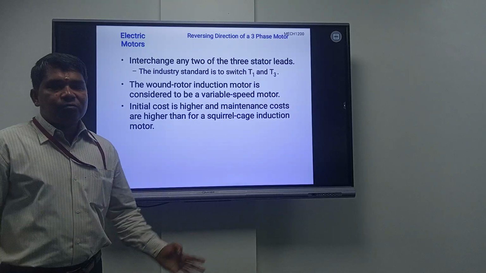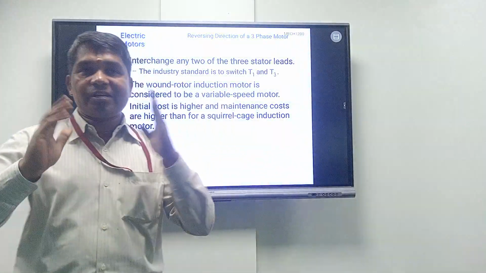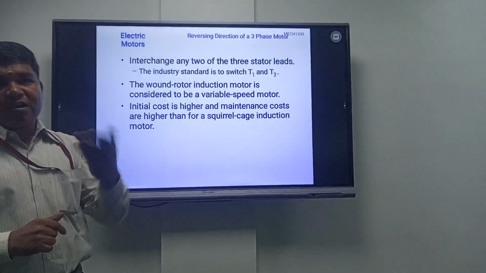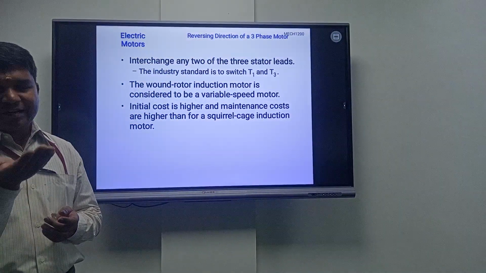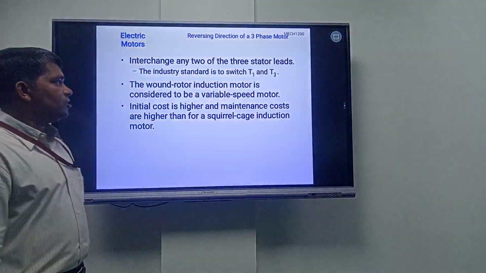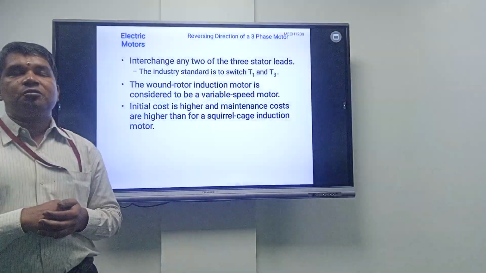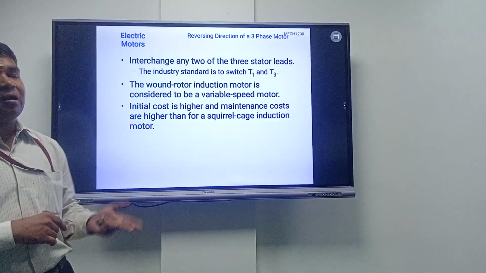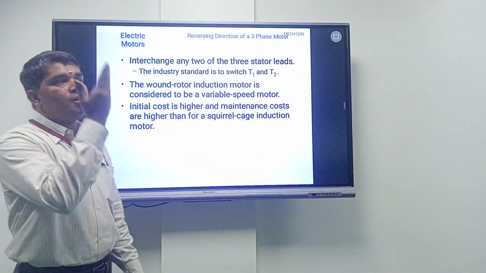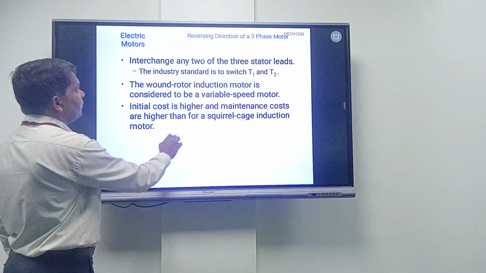And if you want to interchange the direction, if you want to rotate the induction motor in either direction, clockwise to anti-clockwise or anti-clockwise to clockwise, just interchange two terminals. Of the 3-phase supply you are giving to the stator, interchange the supply terminals, the motor's rotating magnetic field direction will reverse, so automatically the motor speed will also be reversed.